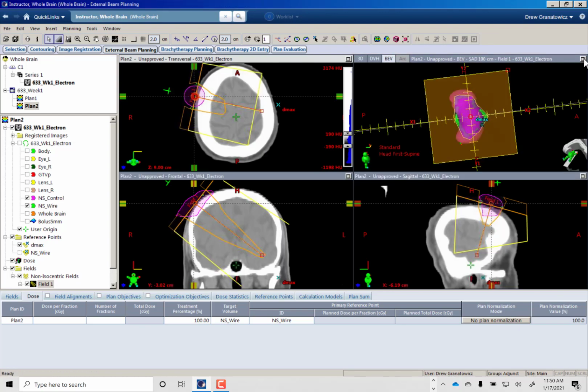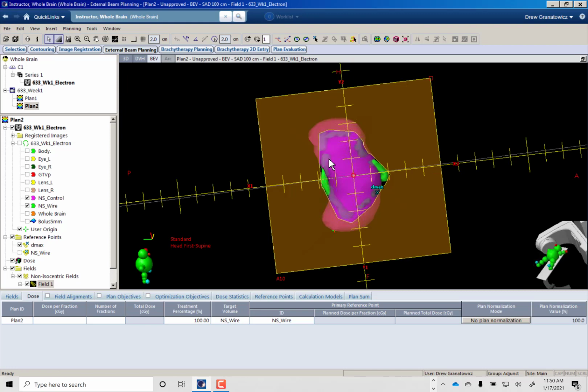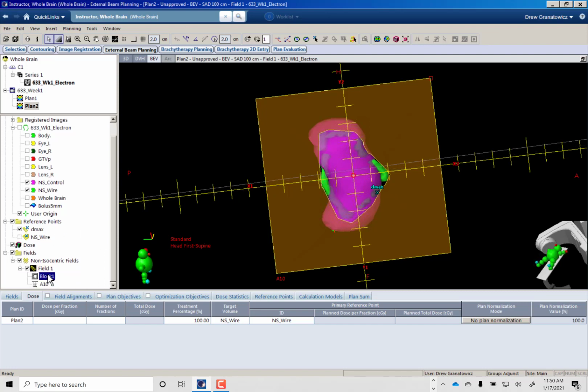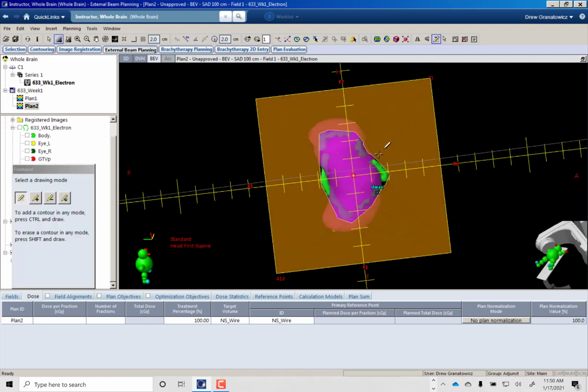And then it's really easy to come in here and see if you have any issues. So it's just kind of an abnormal field, and it's not really a big deal. This is probably acceptable, but if you want to be extra careful, you can come in here and just make it a little bit wider on the top and bottom.